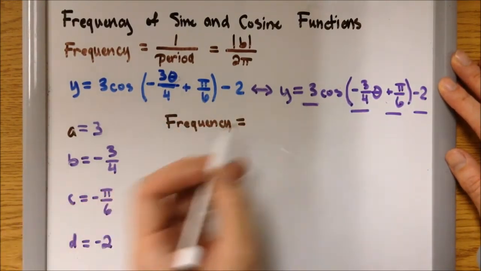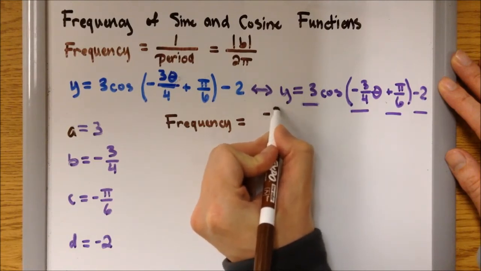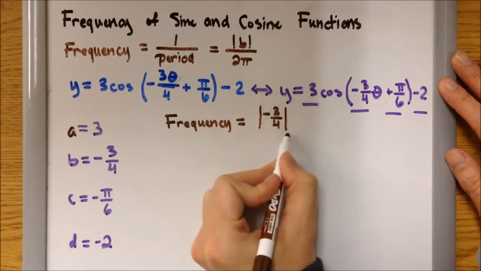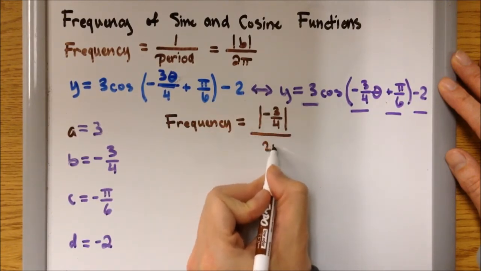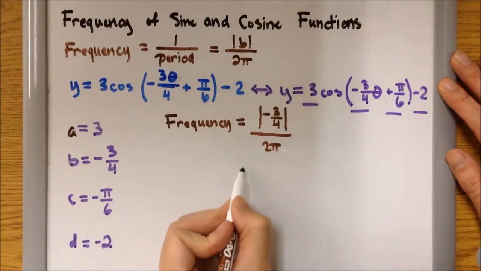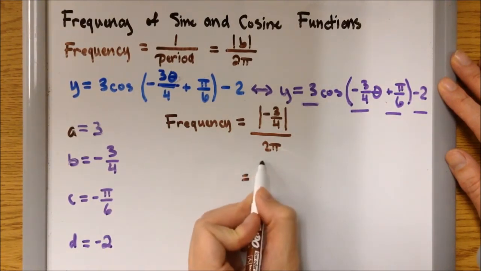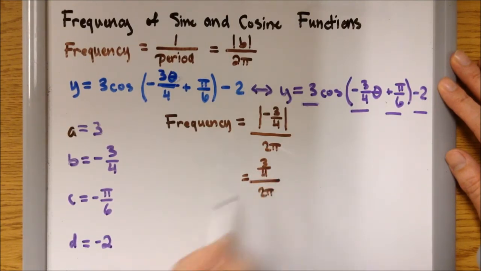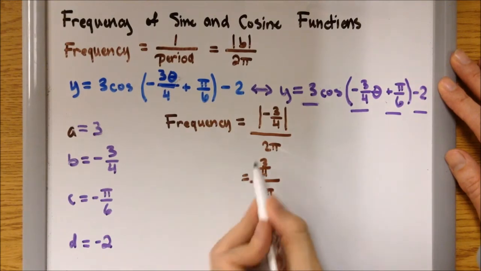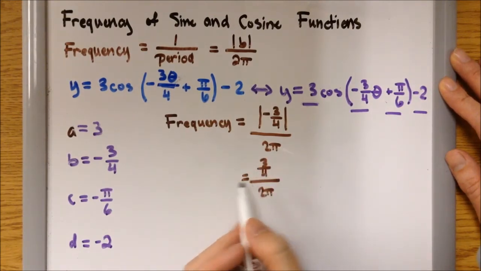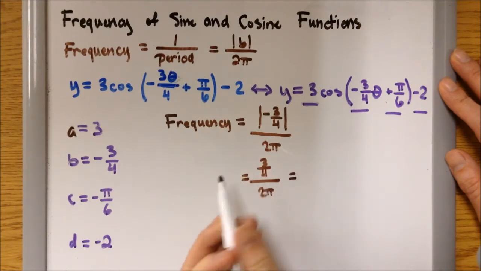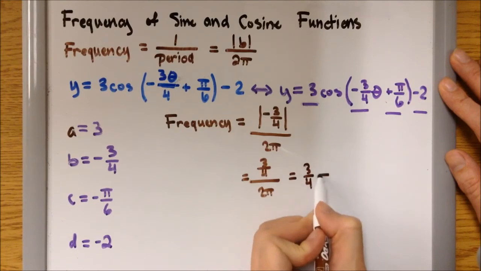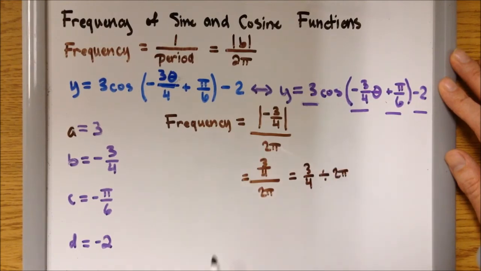So our B is negative 3/4. So we're going to do the absolute value of it. So when you do the absolute value of it, it's just going to be 3 over 4 over 2 pi. Now, we have a fraction within the whole fraction, so we're going to rewrite it as a division problem. So the numerator goes first, 3 over 4 divided by 2 pi.